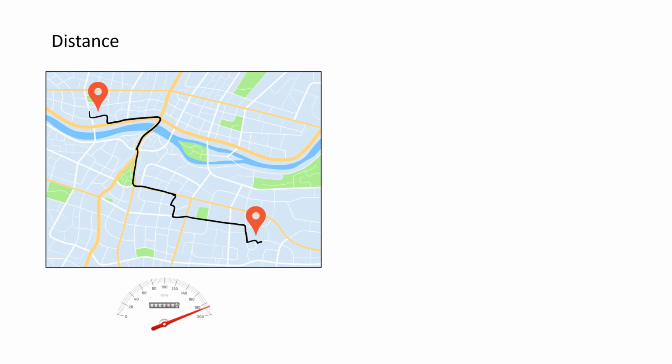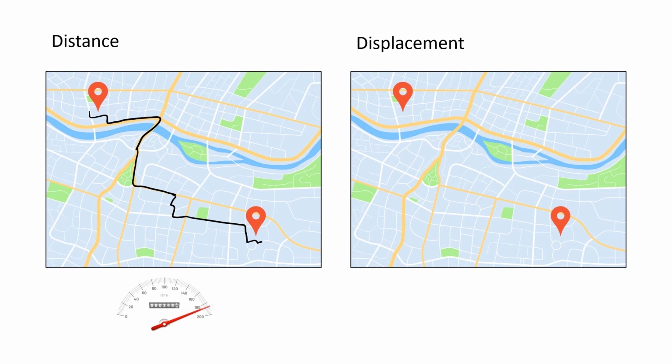If we look at displacement on the same map, for this we have to consider the direction. The direction is very important. So in your mind, try to imagine you take a picture of your car right when you start, wherever your car is right when you start, and then you take a picture of your car again right where you stop.